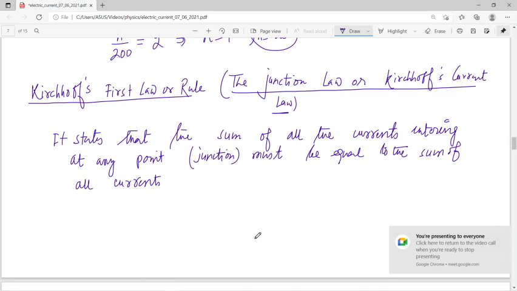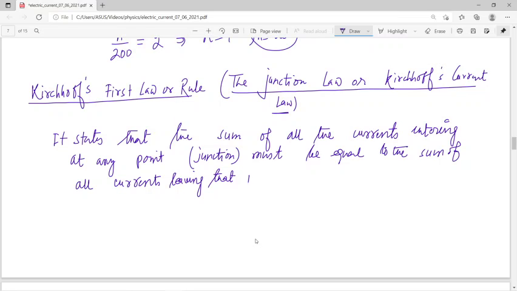So the thing is that it states that the sum of all the currents entering at any point must equal the sum of all currents leaving that point, and that point is nothing but a junction.